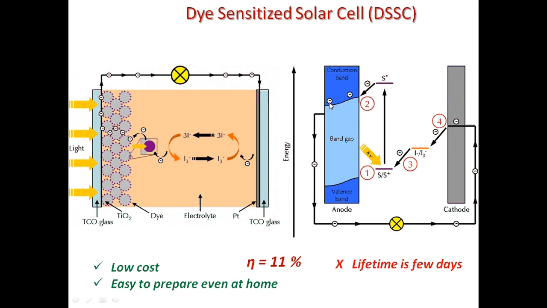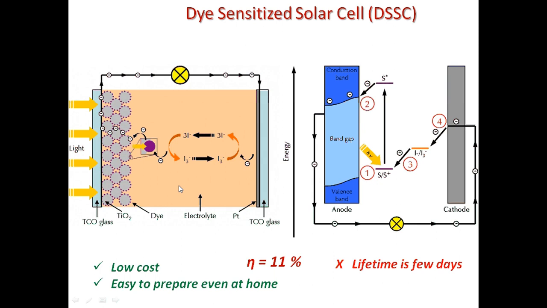Through this conduction band it is connected to my TCO, which provides the electrons to the outer circuit, and they are collected at the other end at platinum. Here is the platinum, and this platinum gives these electrons to the electrolyte, which later provides them back to the HOMO level of my dye, and it recombines with the hole. So this is how the whole circuit is completed.